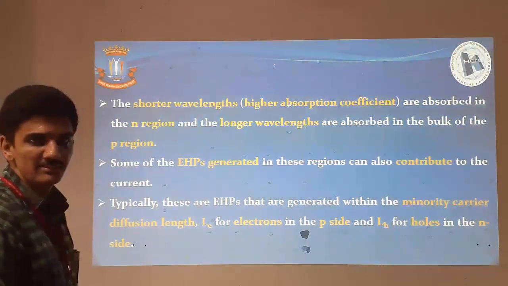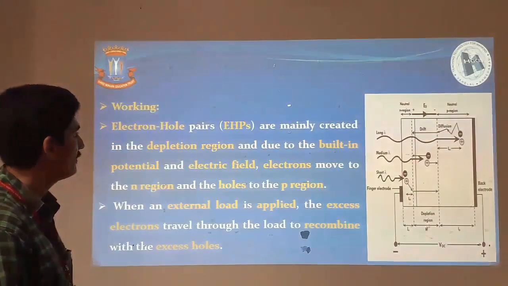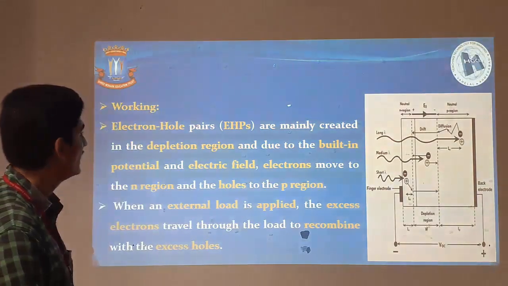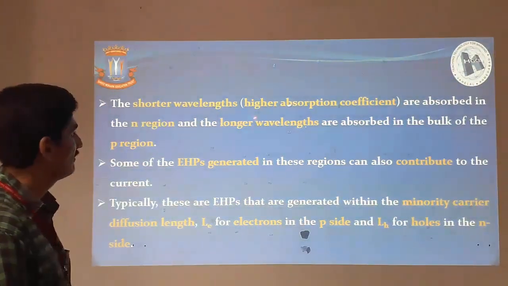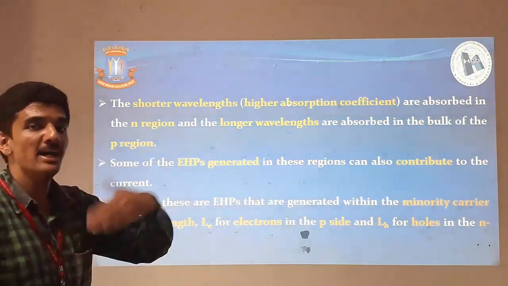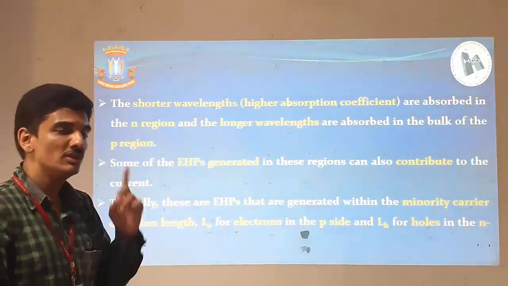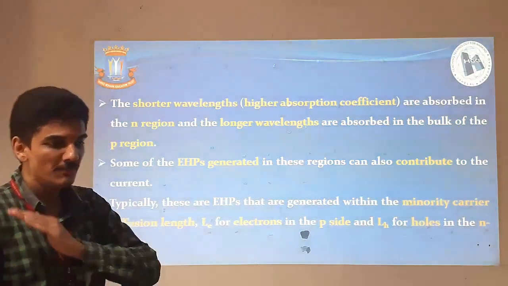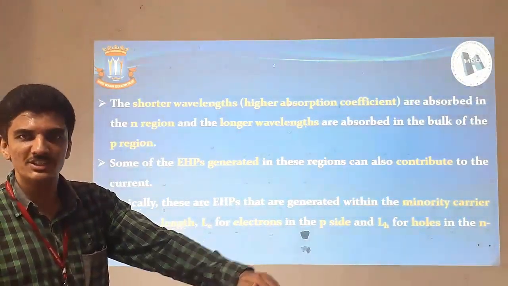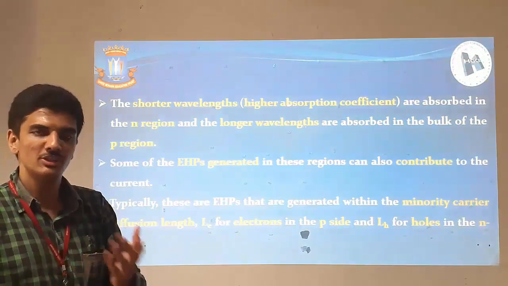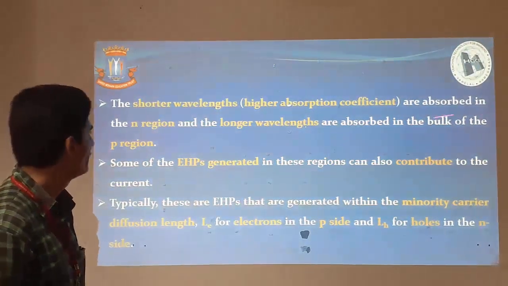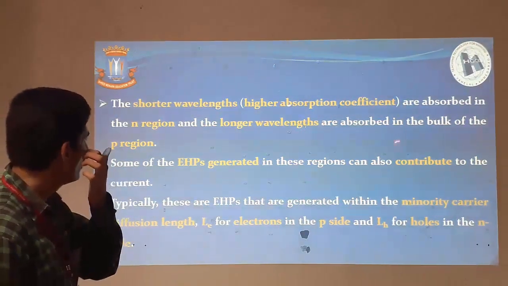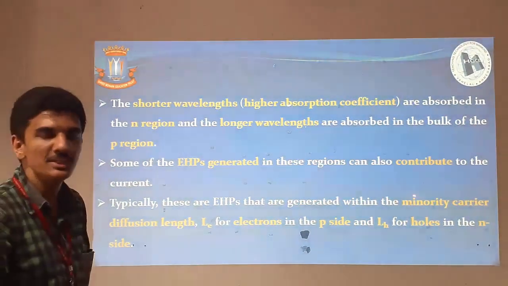The shorter wavelengths, which we have seen in the earlier picture, the shorter, medium and longer wavelengths. The shorter wavelengths have a higher absorption coefficient, so radiation with this wavelength is absorbed in the N region, and the longer wavelengths are absorbed in the bulk of the P region.